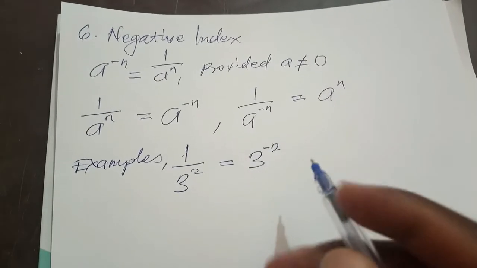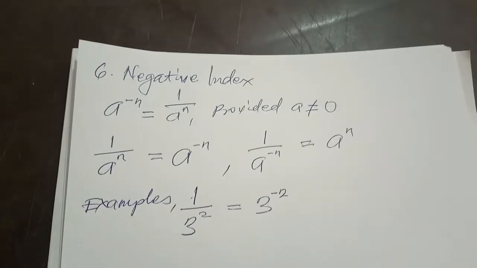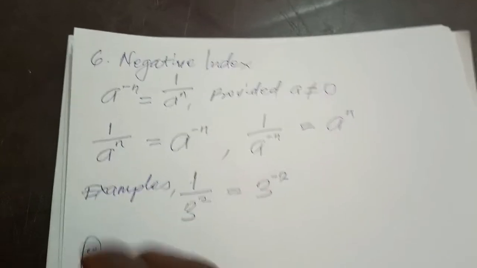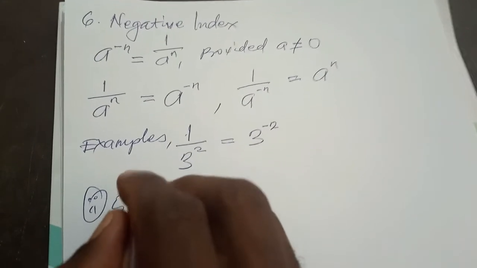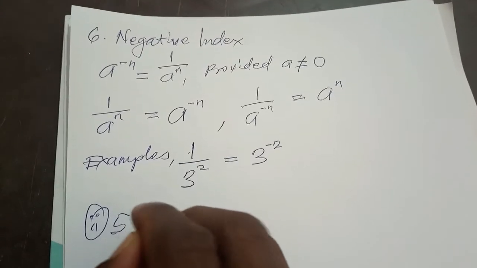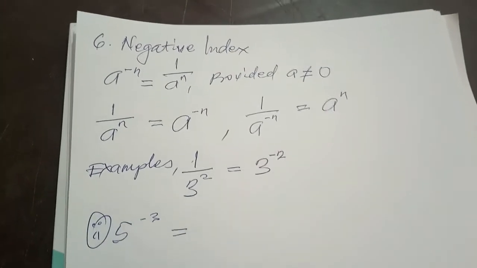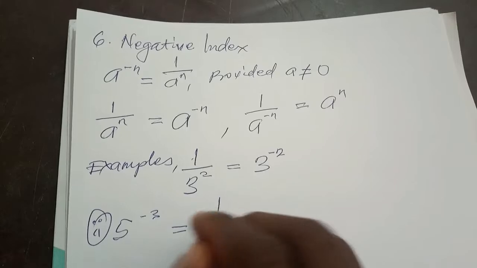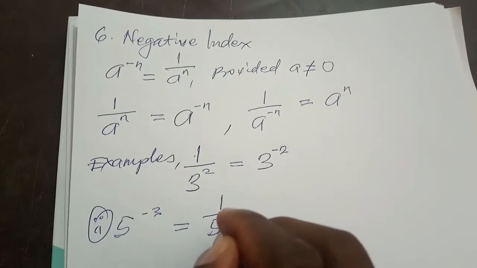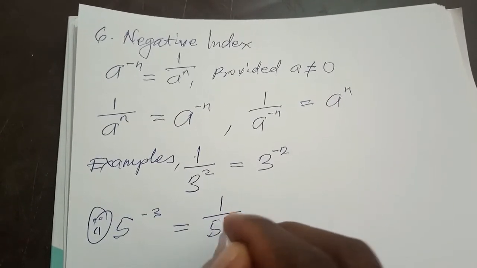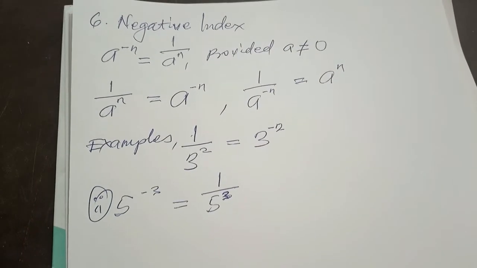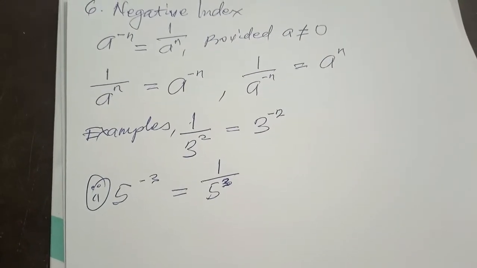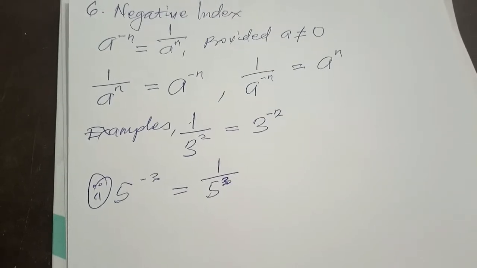And also 5 exponent negative 3 can be written as 1 over 5 cube if we don't want it to have a negative exponent.